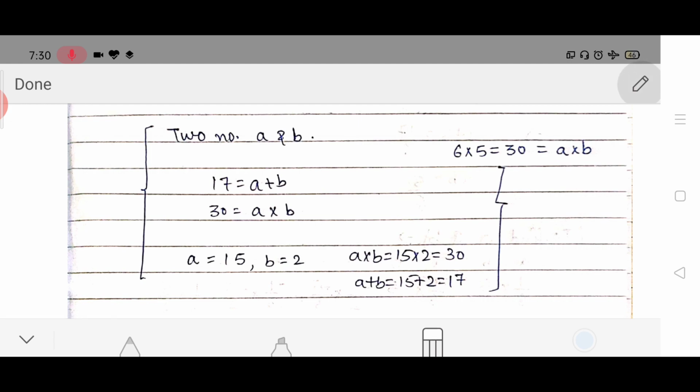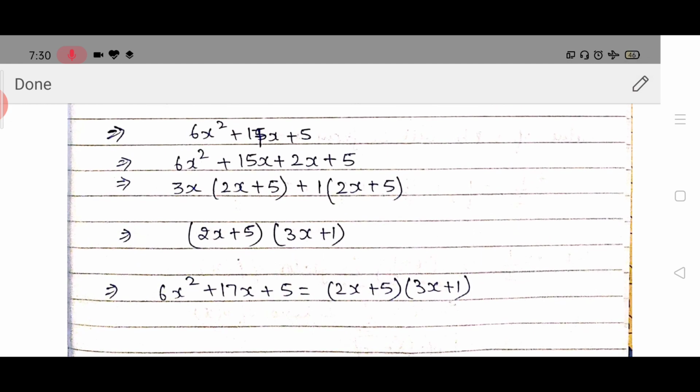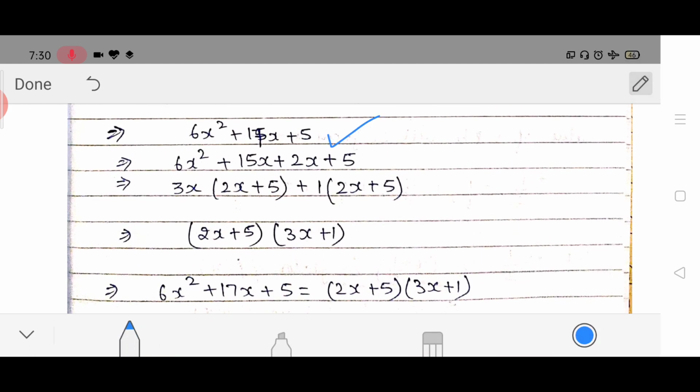Now how will you place it? As this was our polynomial and you have divided 17 into two terms, that is 15 and 2, you have written 6x square as it is, you have written 17 as 15 plus 2, and as 17 was the coefficient of x, you have to write 15x and 2x. Then the last term 5 you have written here.